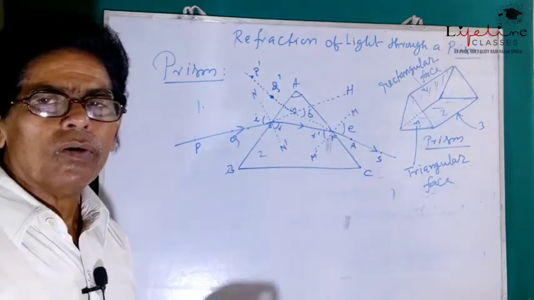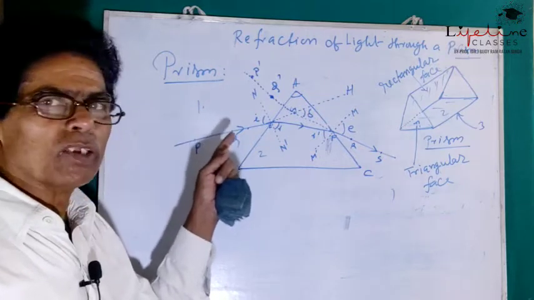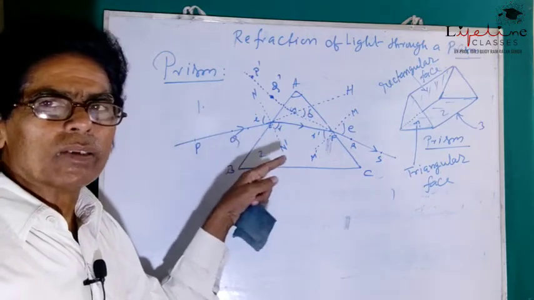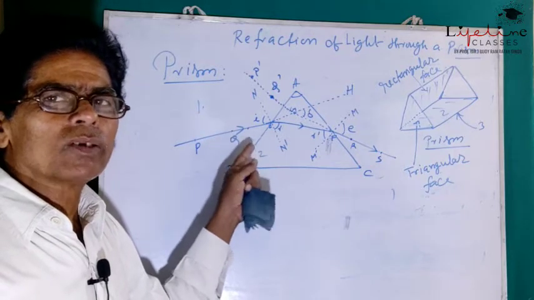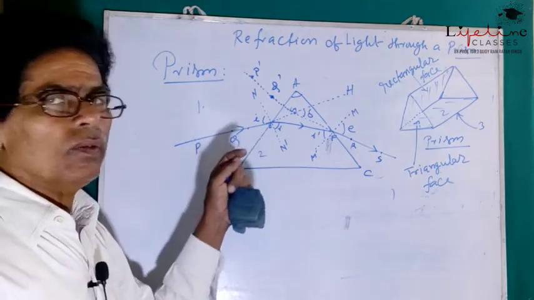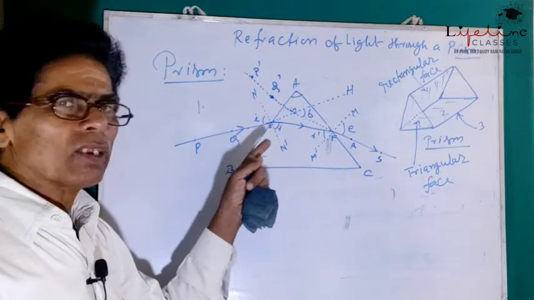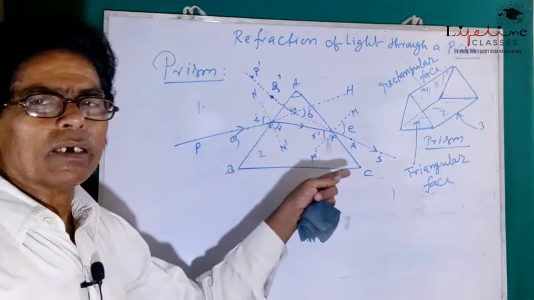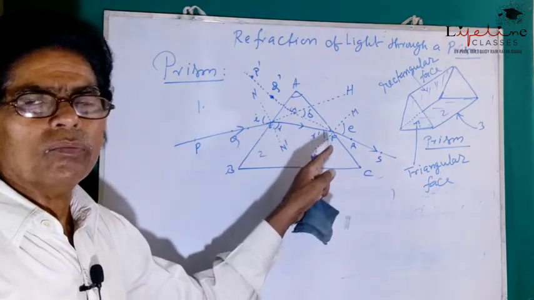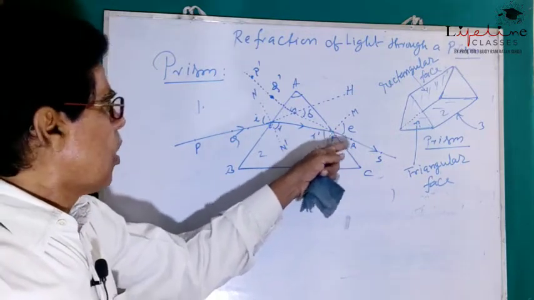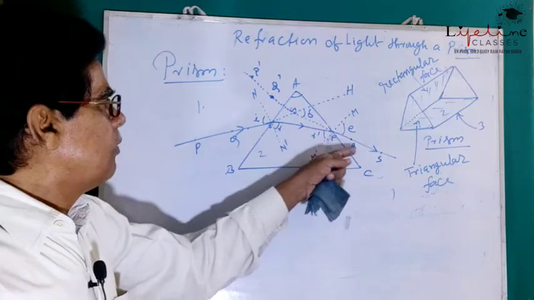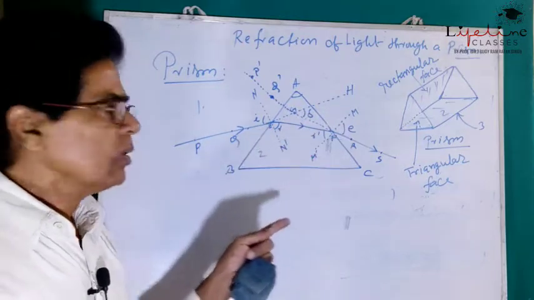As you know, when light passes from rarer to a denser medium, its path is deviated towards the normal, and when it passes from denser to a rarer medium, its path is deviated away from the normal.